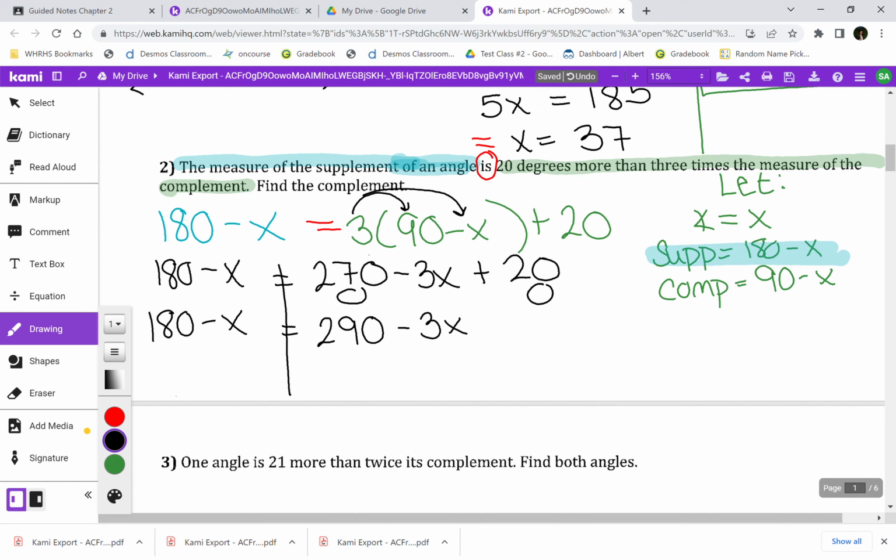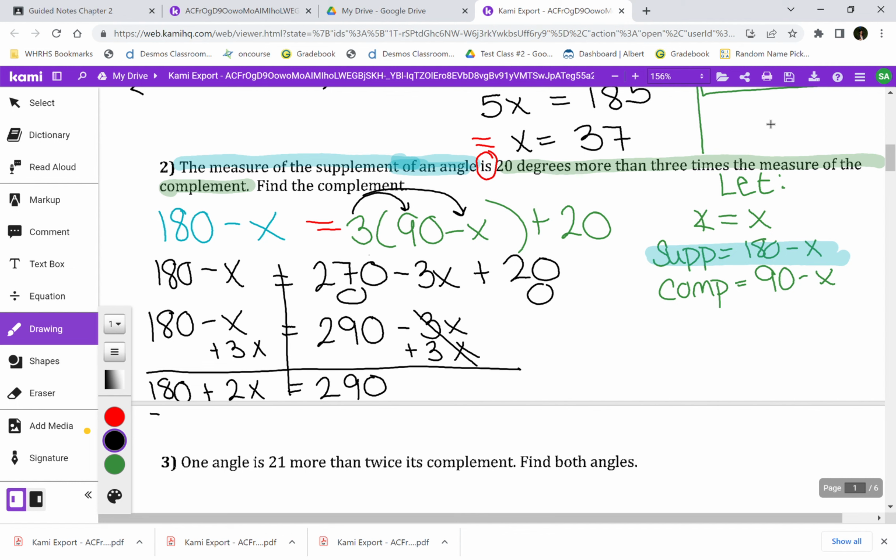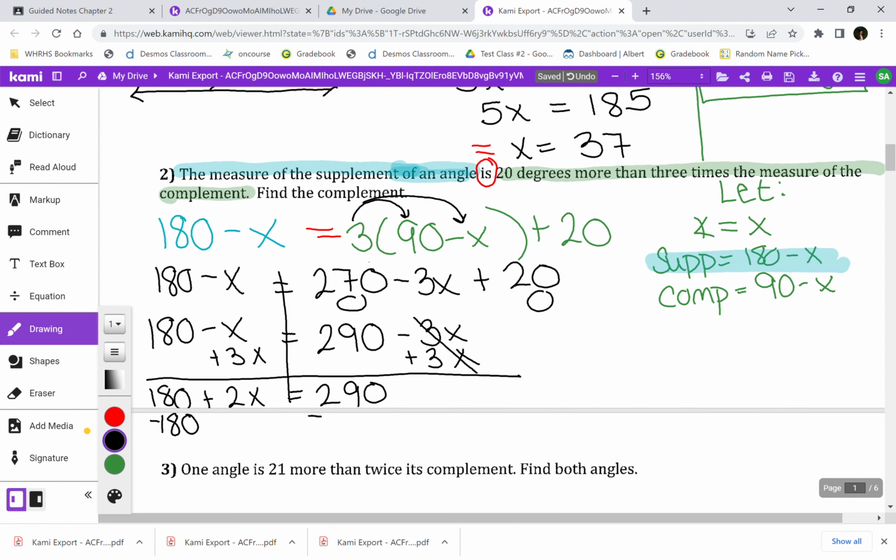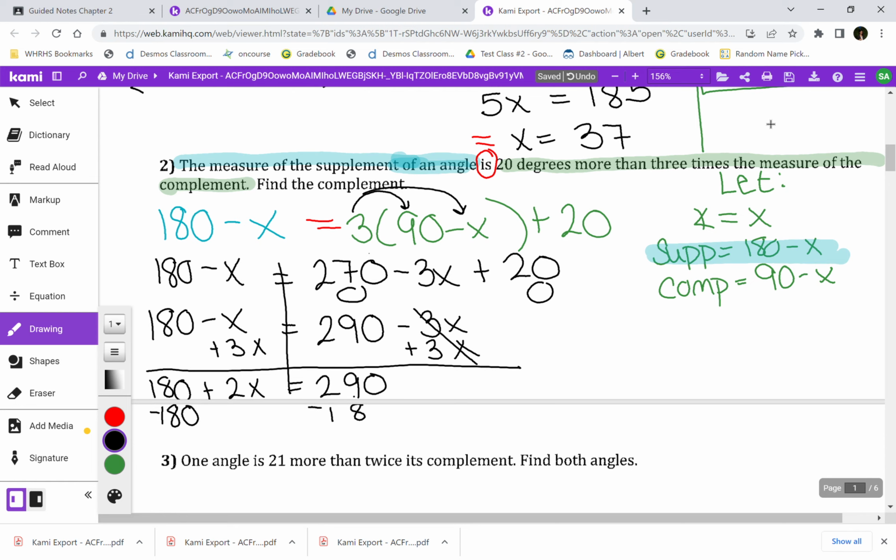I'm going to get my x's on the same side, so I'm now going to add the 3x over. So I'm going to have 180 plus 2x equals 290. Subtract that 180. Well, actually, we're going to have 2x is equal to 110.